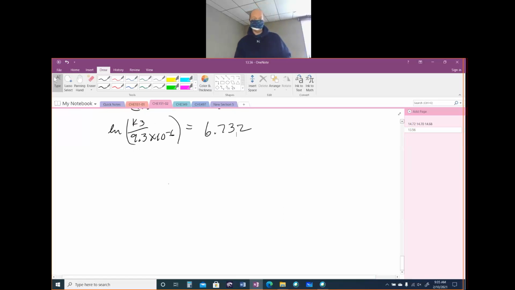To get rid of the ln, you push your e to the x button. On most calculators, it is the second ln. So if you look at the second ln, that should kick out an e, and then raise that to the 6.732. The e to the ln just gets rid of the ln. You get your K3 over 9.3 times 10 to the minus 6 is equal to, when you take e to the 6.732, 839.